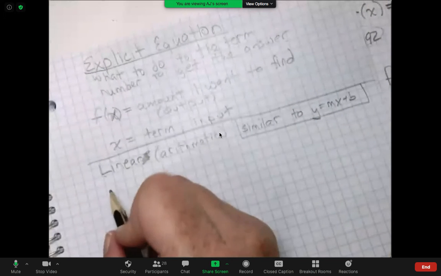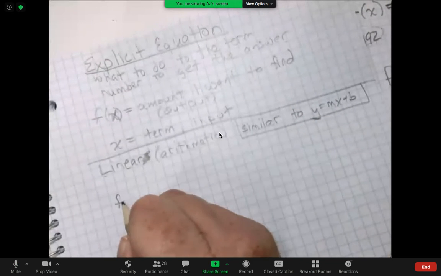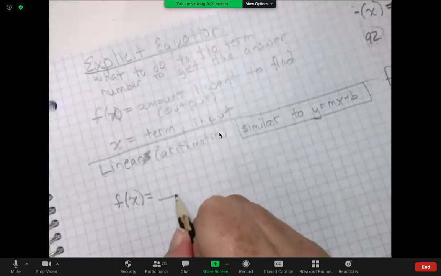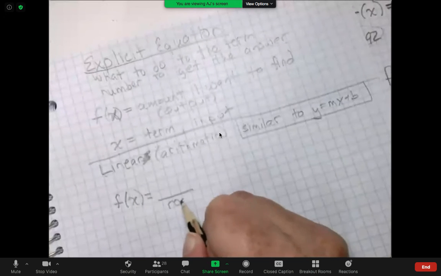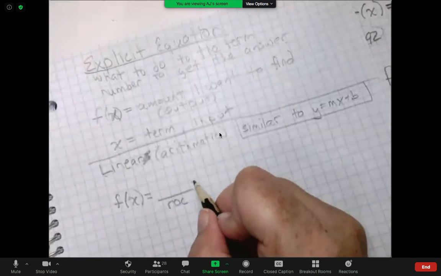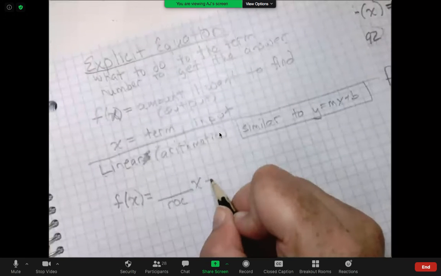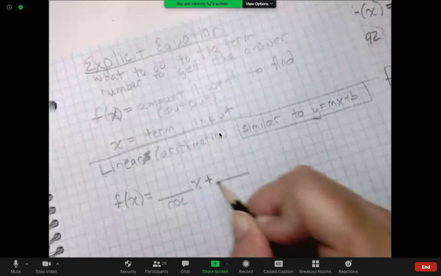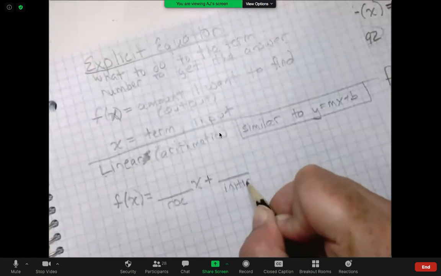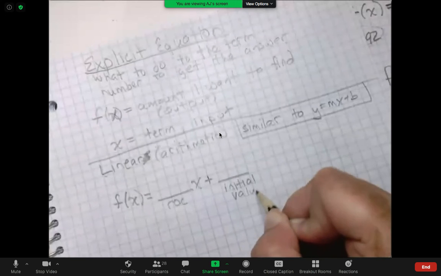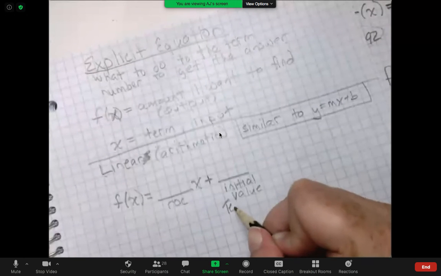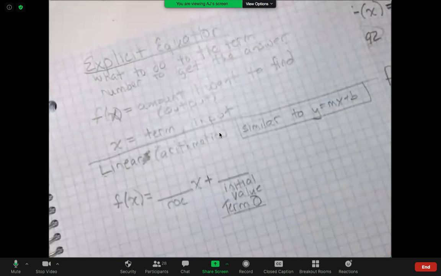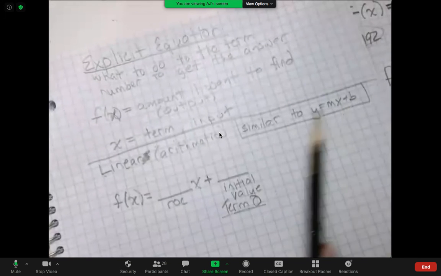So the fill in the blank version is, I'm just going to write it and not talk for a minute. Okay, so you remember y equals mx plus b?